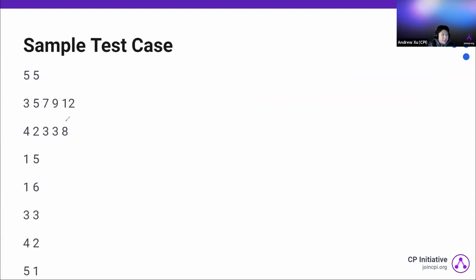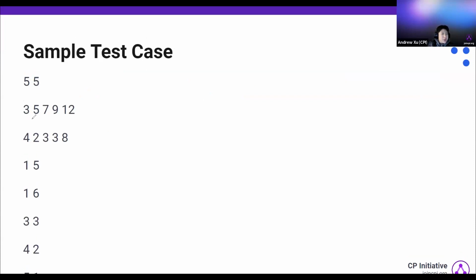So this is a sample input. If she wanted to visit this first barn, she can't, because 3 is less than 4. But this barn, she's able to visit.